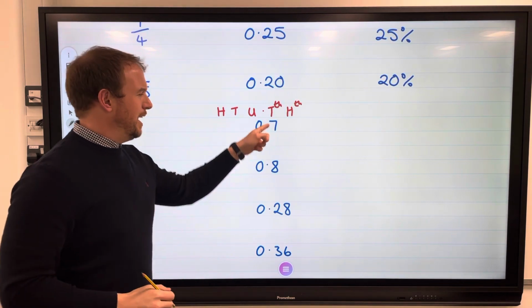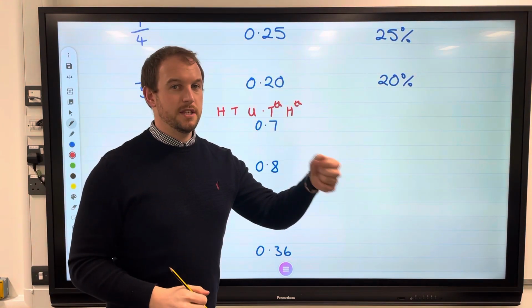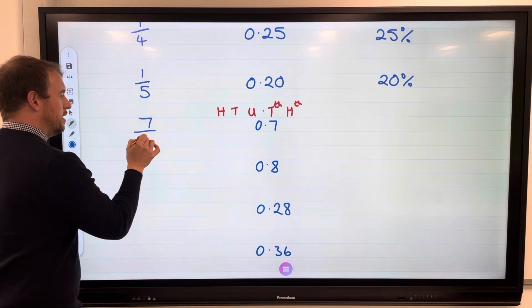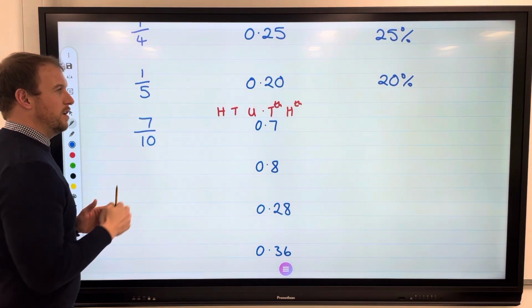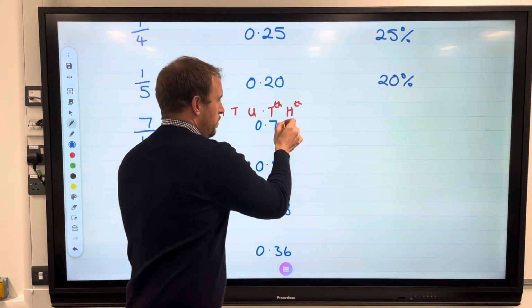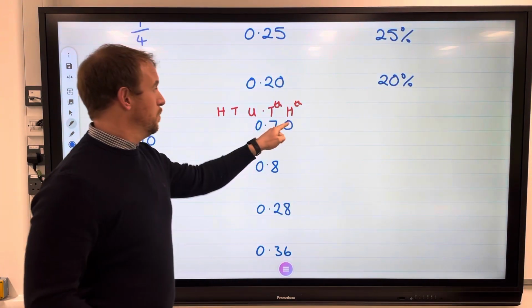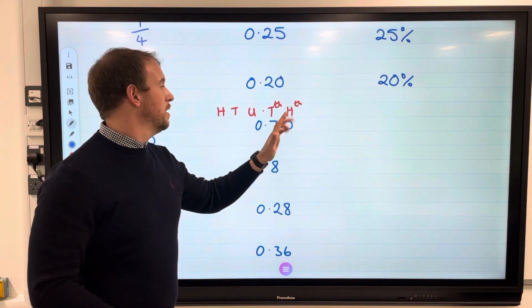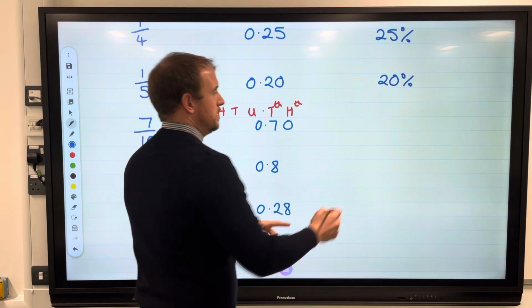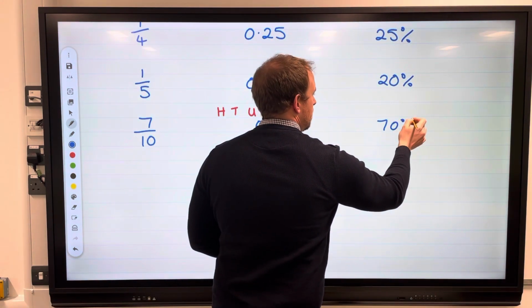So there we have 7 tenths. 7 tenths is written like that, 7/10. Remember what I said earlier? You could put a 0 on the end here without changing the value. So to convert that to a percentage, you can see it would be 70%.